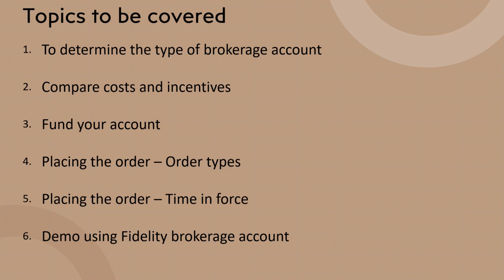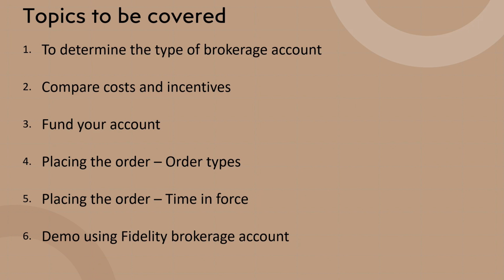Topics that we will cover in this session are how to determine the type of brokerage account that you will need and compare costs and incentives of the various brokerages. Third is fund your account. Fourth is placing the order. There are different order types when you go into a brokerage account, so what are the order types and what do they mean?